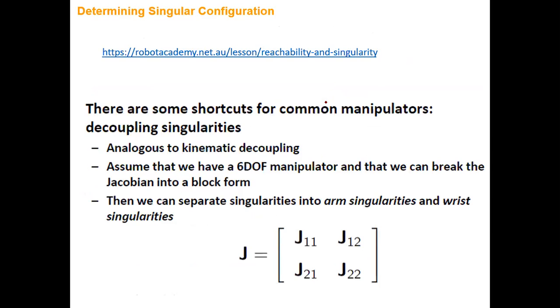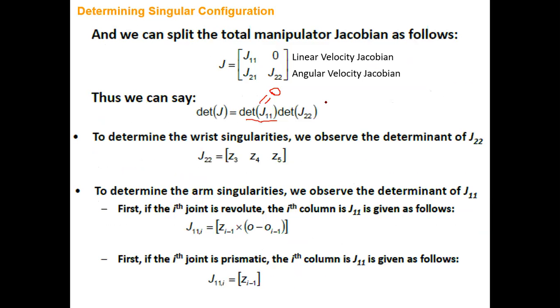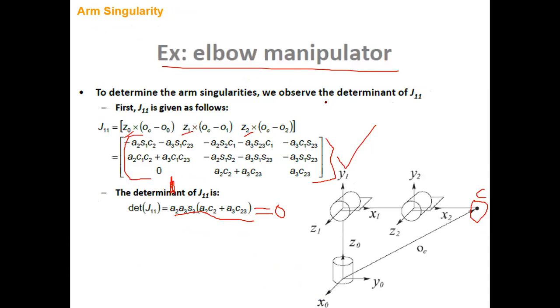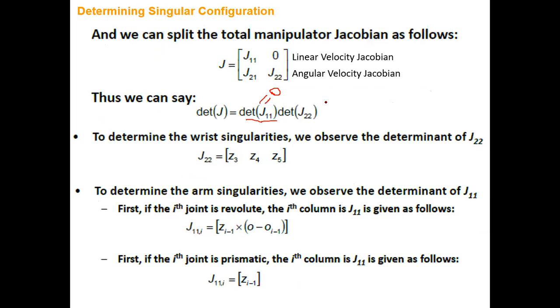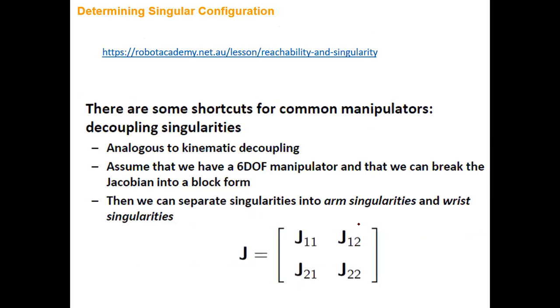Would you mind going back to where we set J12 equal to 0? I'm still a little iffy on that. Back another slide. Can you see the slide here?